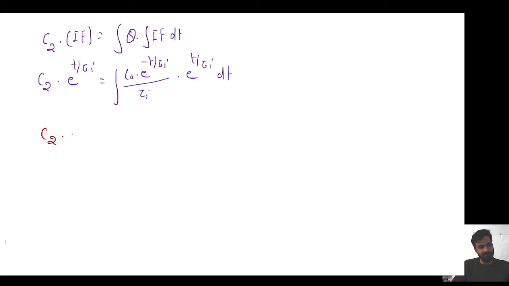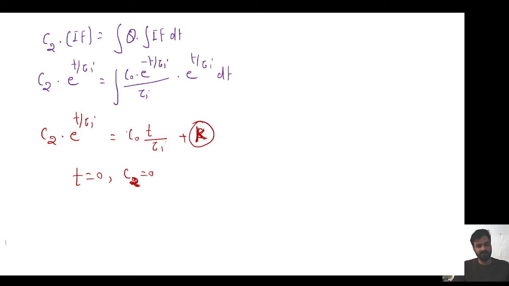So can I write again C2 e to the power t by tau I. Once we do the calculation, C naught by tau I will be common, so it will be equals to C naught t upon tau I plus k. This is a constant. So at t is equals to 0, C2 is equals to 0.